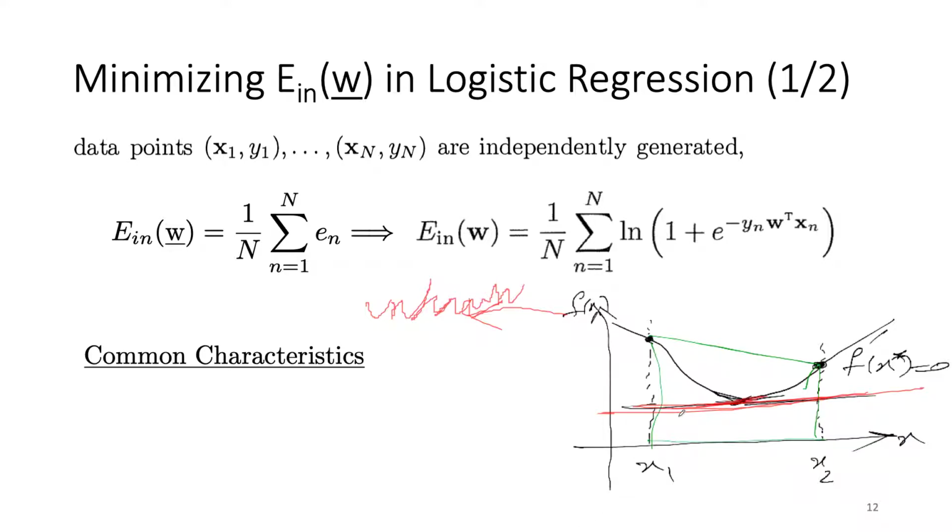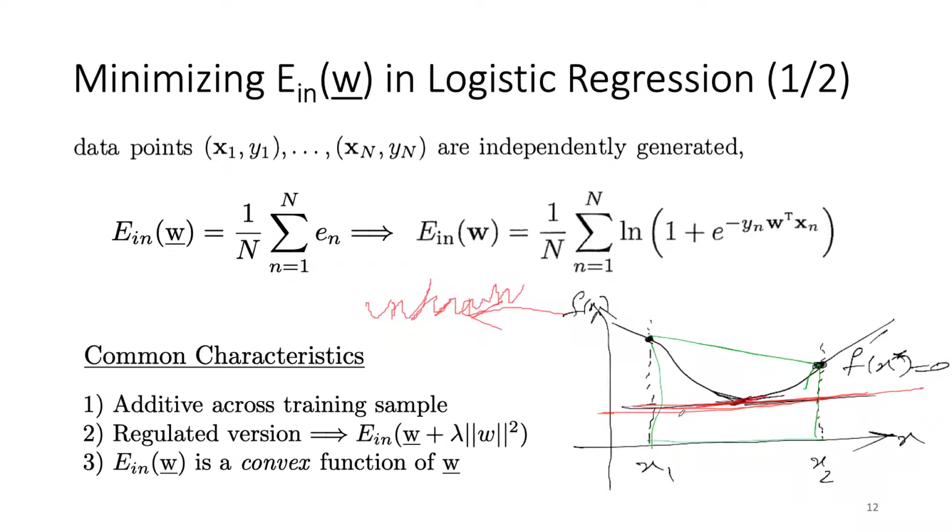So now let's see some of the common characteristics. First of all, because of the probability and the log loss function, these errors are additive across training samples. I'll have a better figure to show you later on.